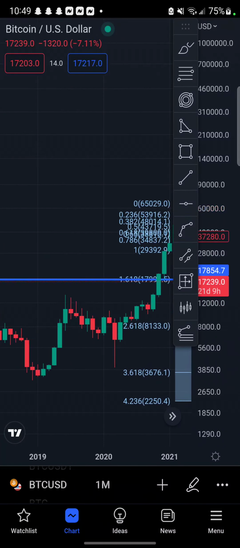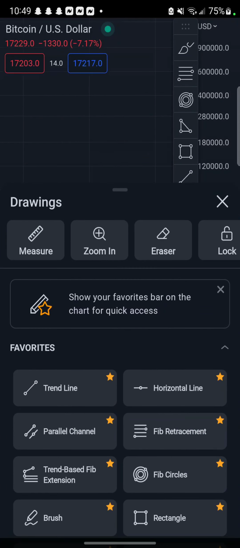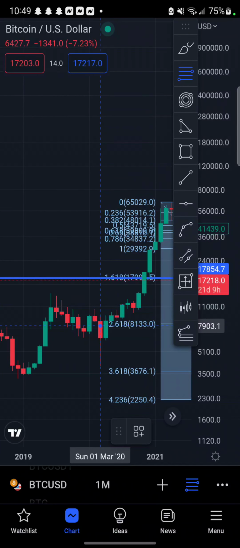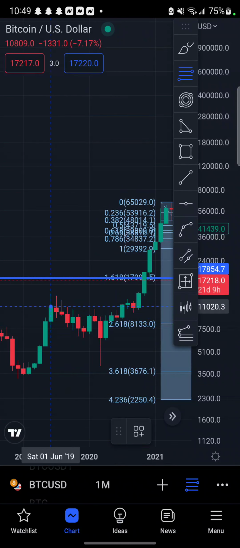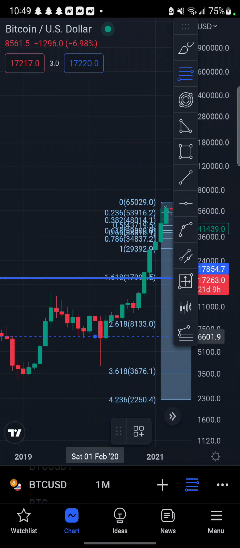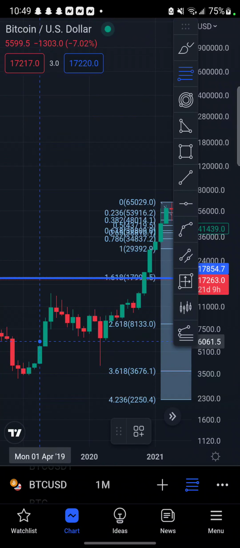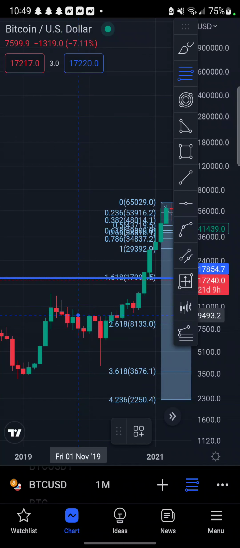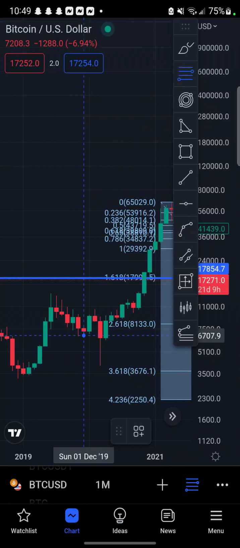So let's even go over here. Back in the 2019, 2020 market, when Bitcoin was around 14,000 and then came down to 4,000, I would say the increase and then the first major drop would be around here, either here or here. Let's just take it here just to see what happens.